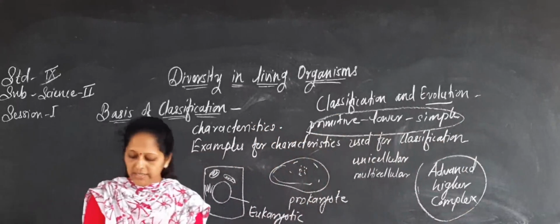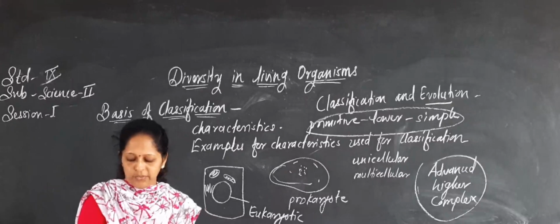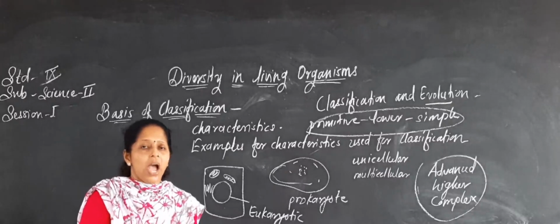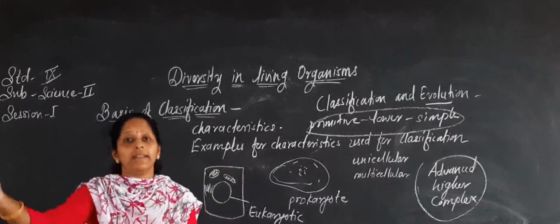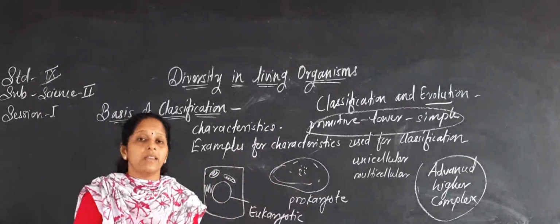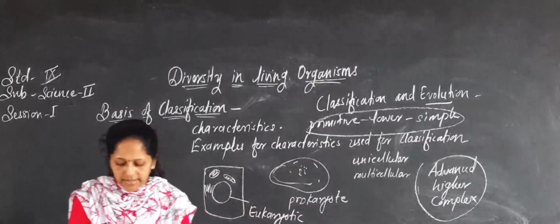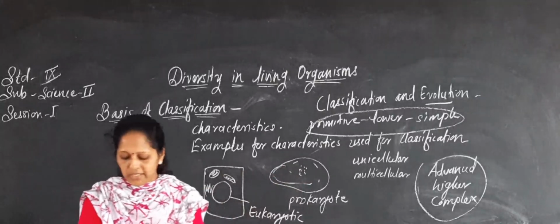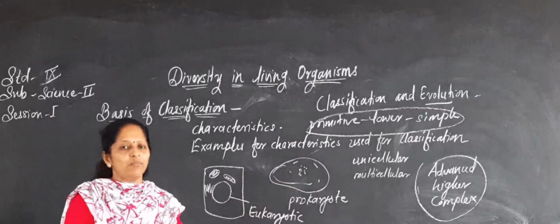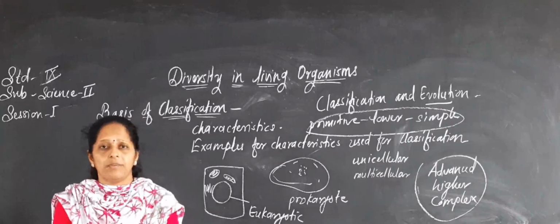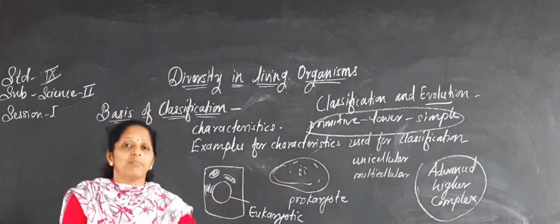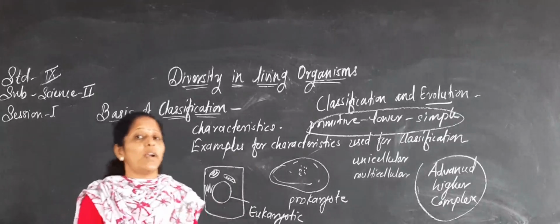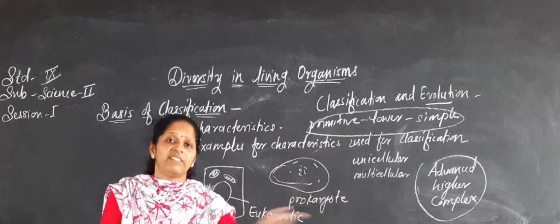There is a possibility that the complexity of body design will increase over evolutionary time. How does evolution take place in them? The complexity goes on increasing in the organism's body, so more and more complex animals are formed. As with us, our ancestors are monkeys. How many changes are there in our bodies when we compare ourselves with a monkey?